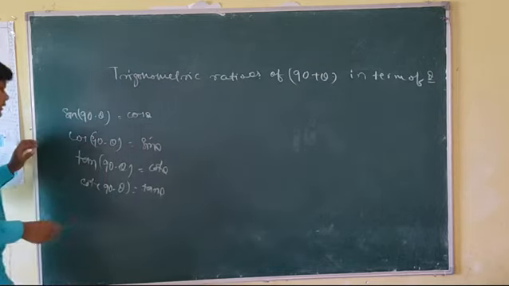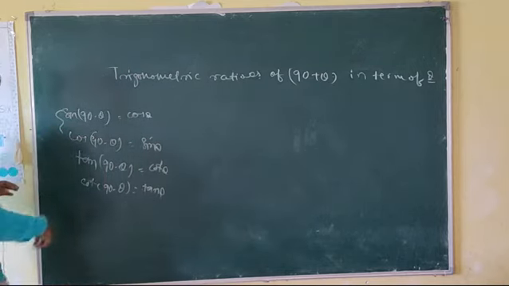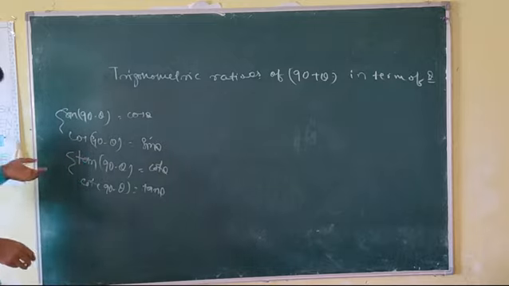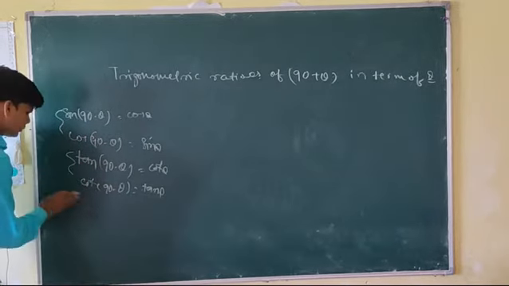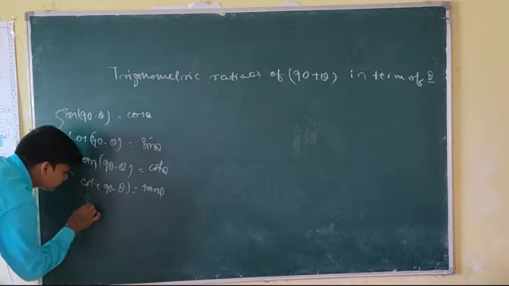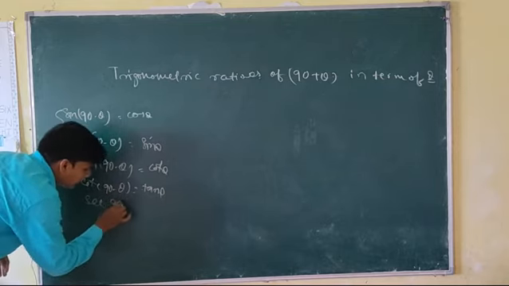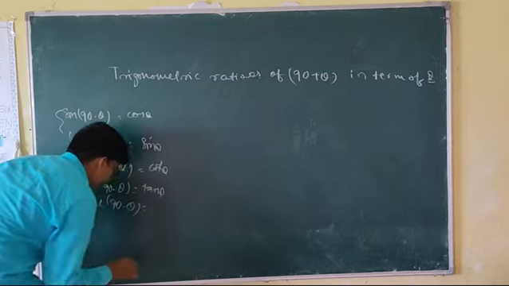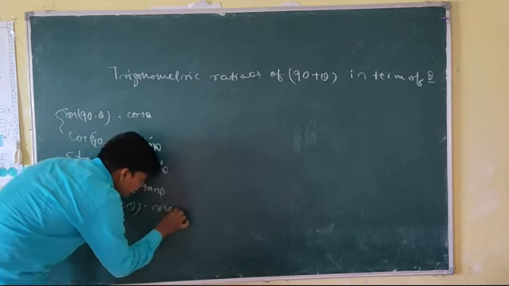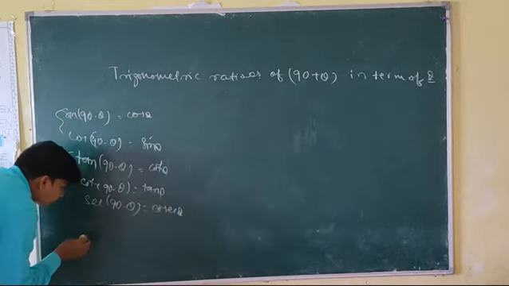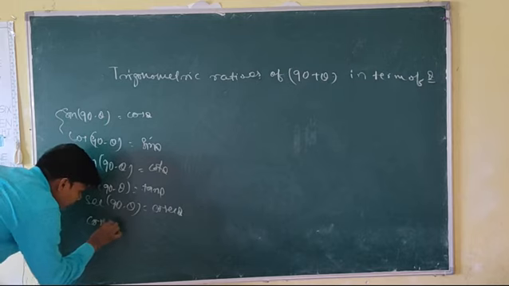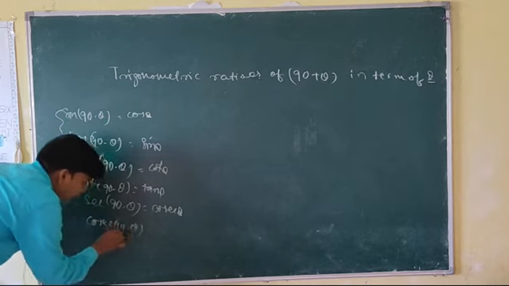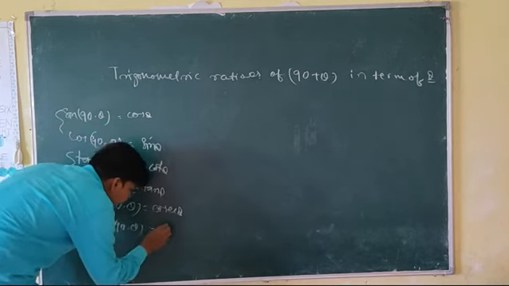See carefully here, these two are complementary to each other, these two are complementary to each other. They are also sec 90 minus theta is equal to cosec theta, and cosec 90 minus theta, that will be sec theta.